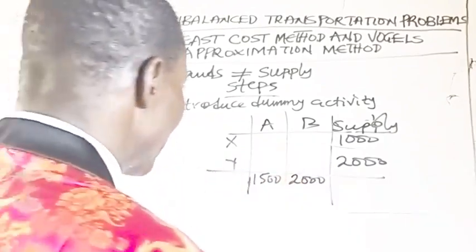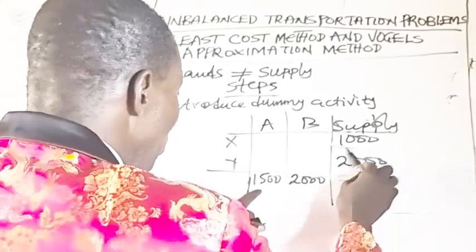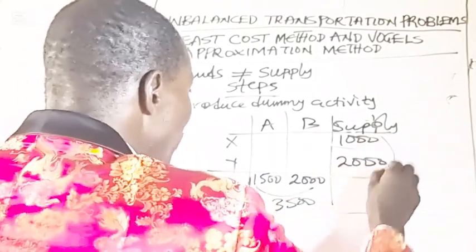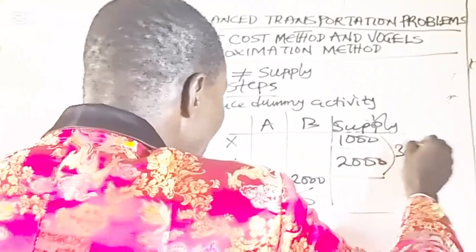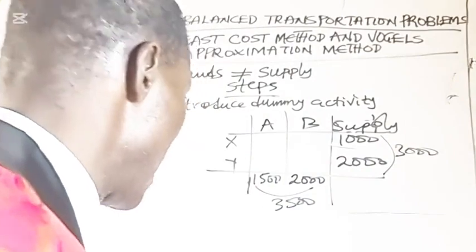So in this case, the total of this is 3,500, while the sum of this is 3,000. The demand is greater than supply here.